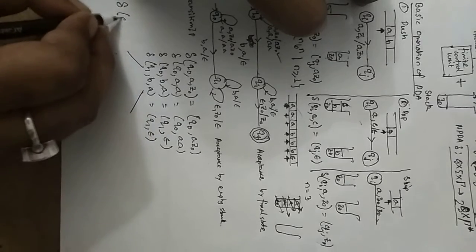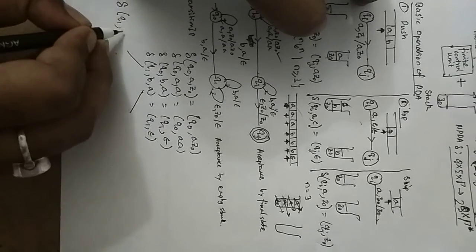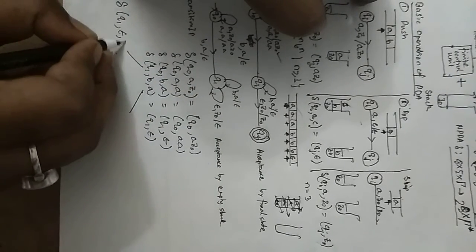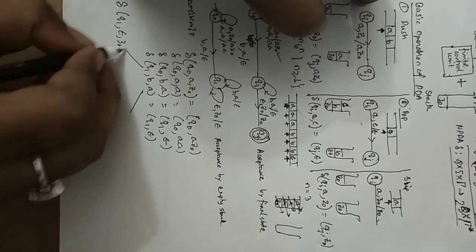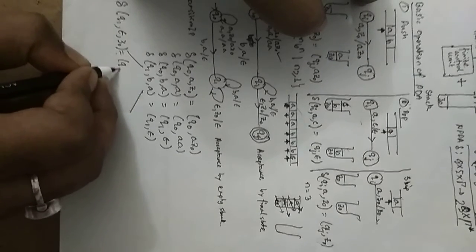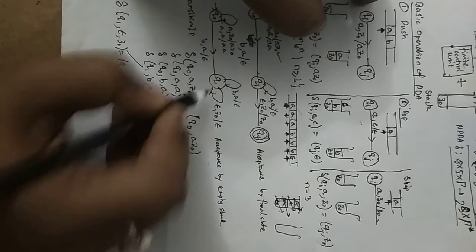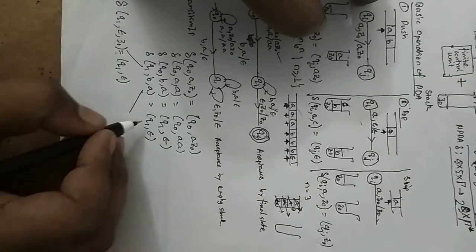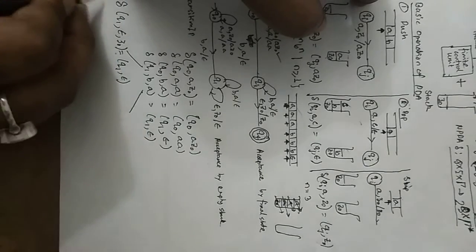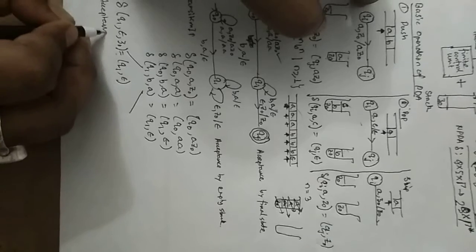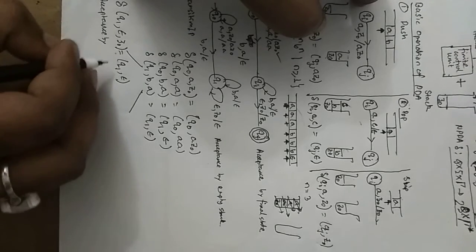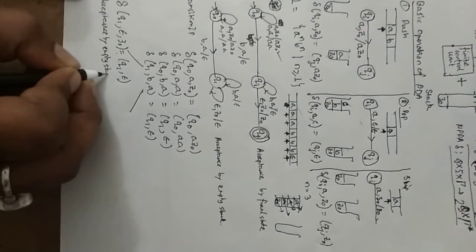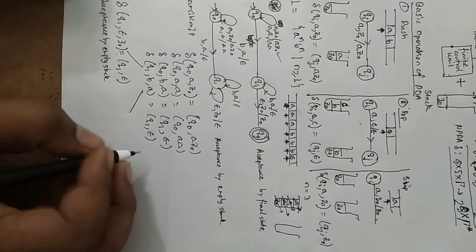I am now in Q1, reading epsilon, top of the stack is Z0, and I will reach Q1, and ultimately this is this one. This is nothing but acceptance by empty stack.